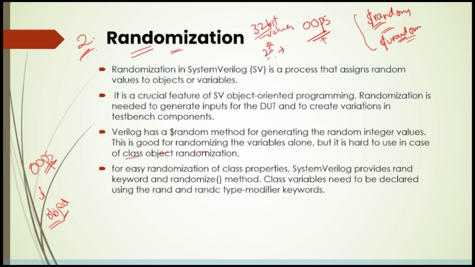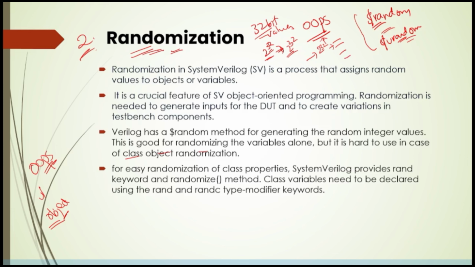By using the randomization keyword or method, all these 2 power 32 values will be provided randomized, and among the 2 power 32 possibilities, every possibility will be displayed randomly.